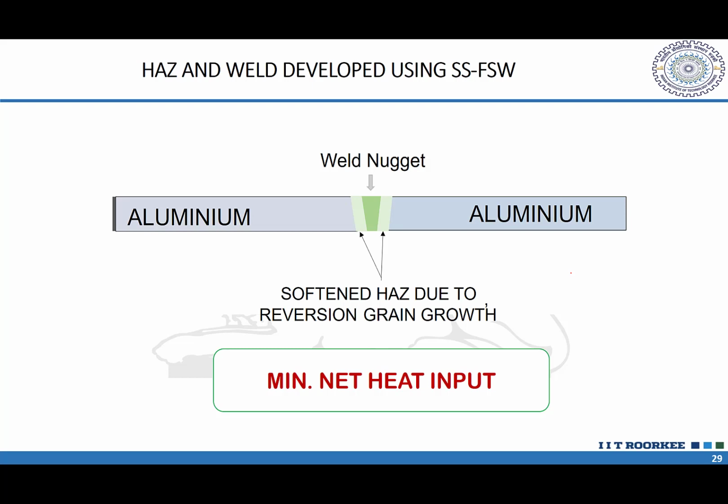As I have explained, the pin shoulder contributes significantly to heat generation because of its large diameter, but the newer variants include the stationary shoulder. In stationary shoulder FSW, heat generation is further reduced, and that in turn reduces the nugget size as well as the heat affected zone formed on both sides.